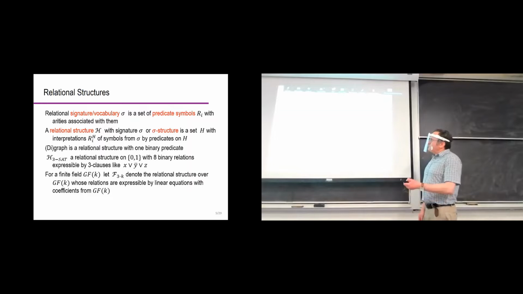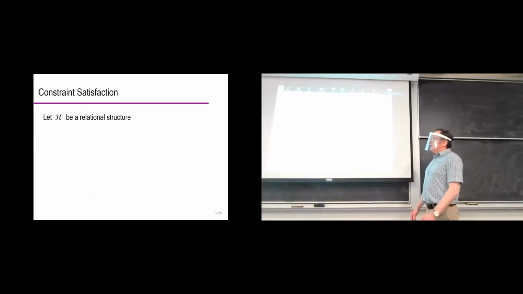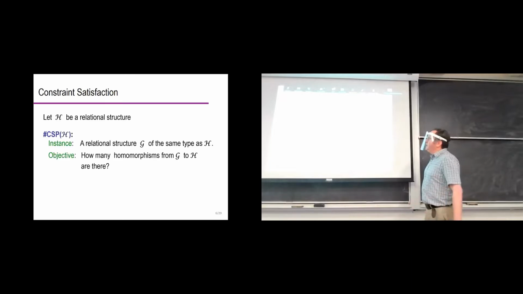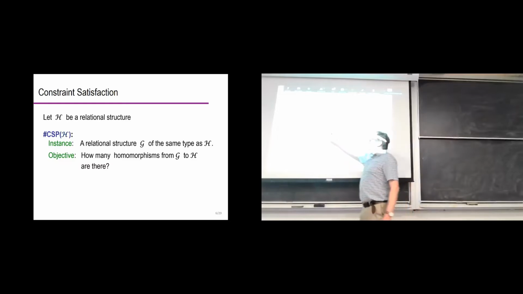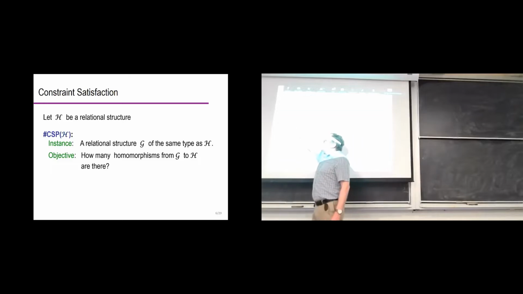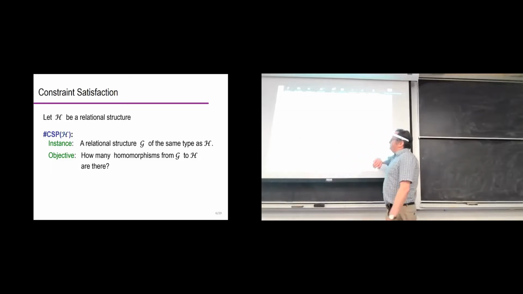Okay. So once we have this relational structure, we can define what a constraint satisfaction problem is. The instance of such a problem is again a relational structure of the same type, having the same signature as H. And the question is, how many homomorphisms do we have from G to H?